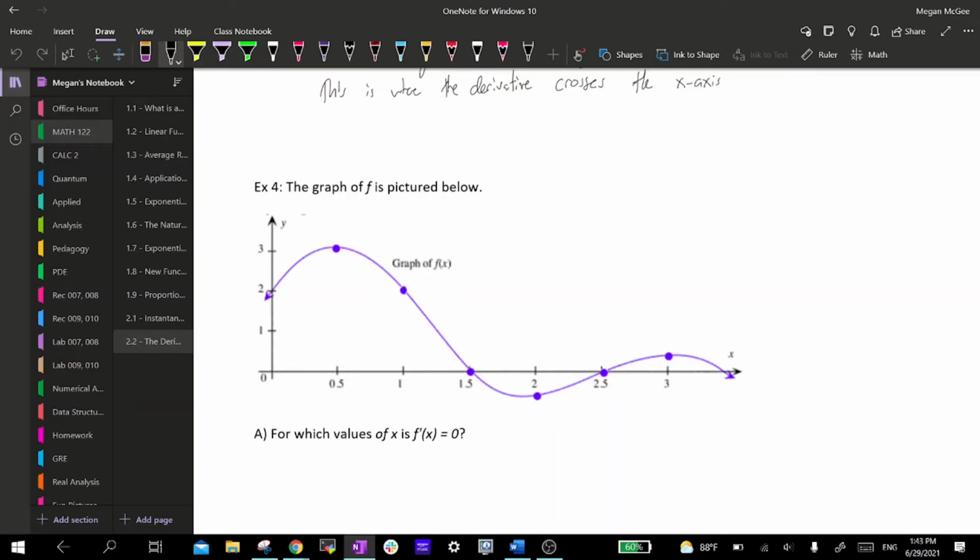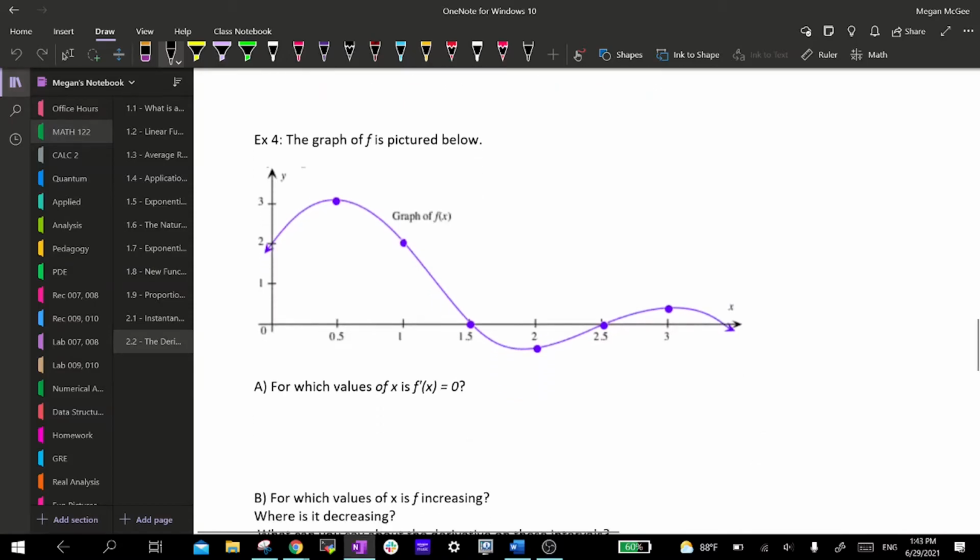All right, let's go to example 4. So below. Again, we're asked for which value of x. We're looking for those points with a horizontal tangent line. All right, so we're going to have a horizontal tangent line at all of the peaks and valleys.